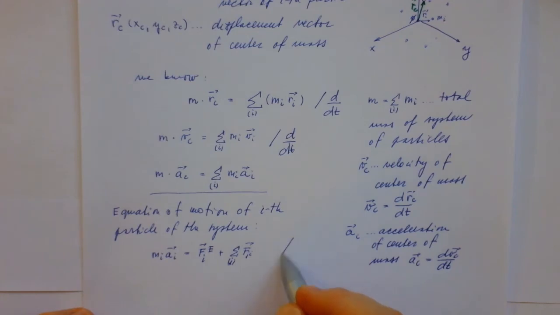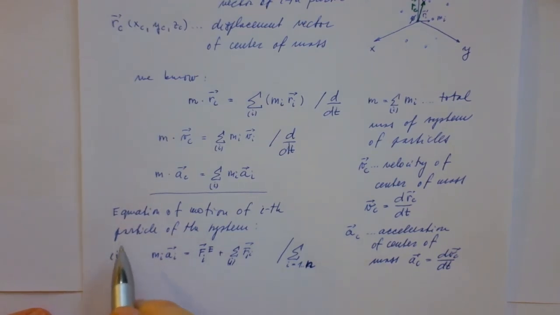And if we sum this system of equations from i equal 1 to n, because it's the ith equation, for the first particle we have the first equation m1 by a1 is equal to fe1 and so on.